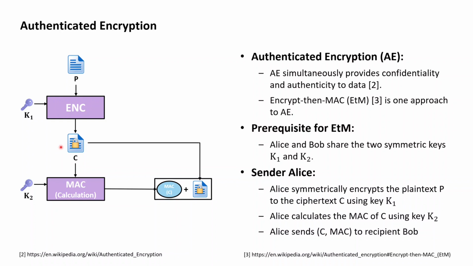Alice then, as a second step, takes the resulting ciphertext and the symmetric key K2 and calculates a MAC tag, now not of the plaintext itself, but of the ciphertext. Alice then sends both the ciphertext as well as the MAC tag of the ciphertext to Bob.